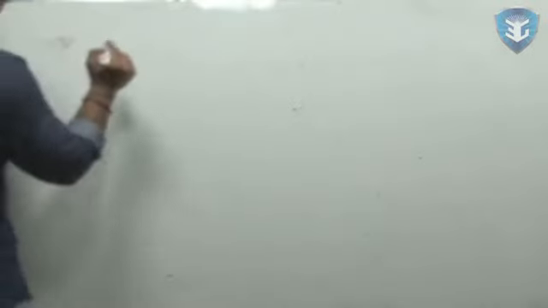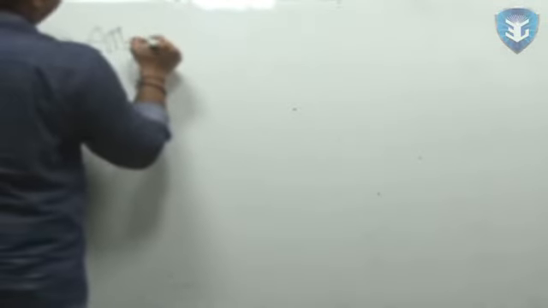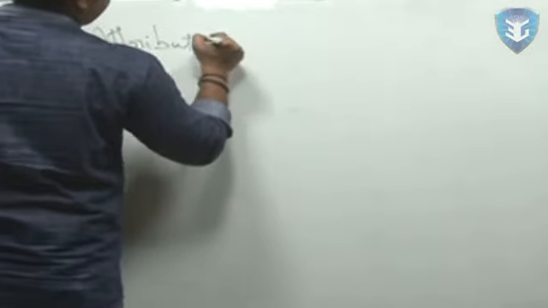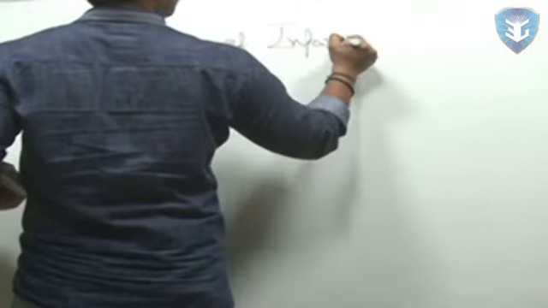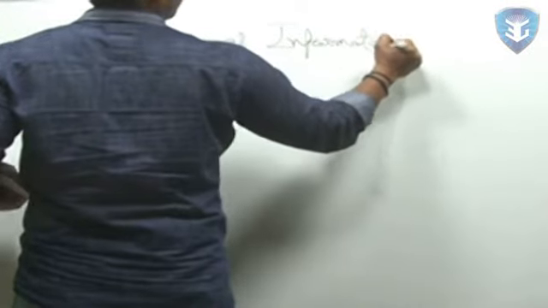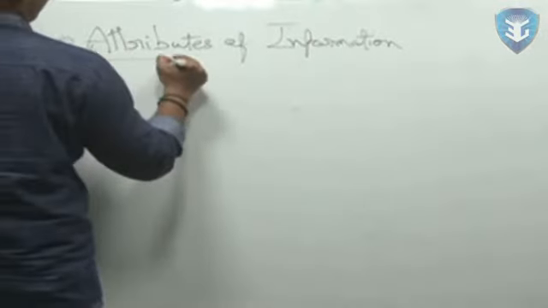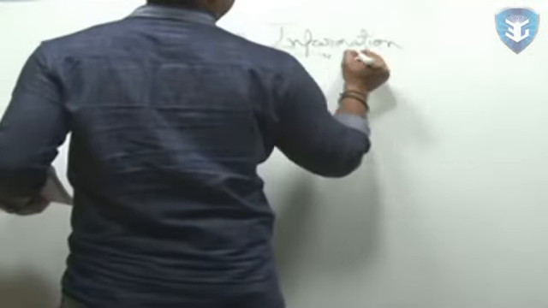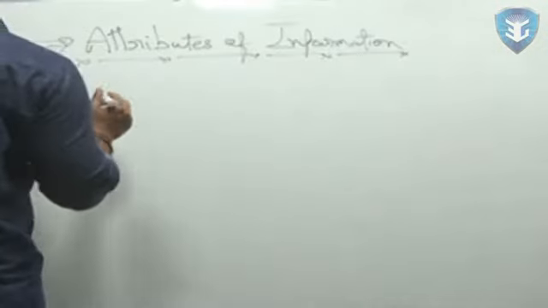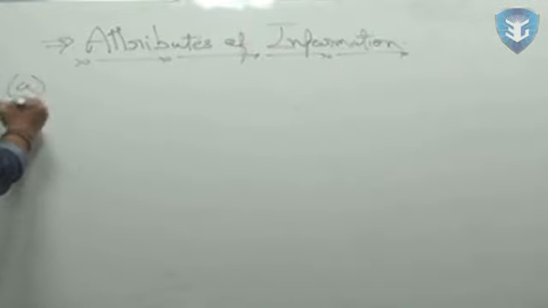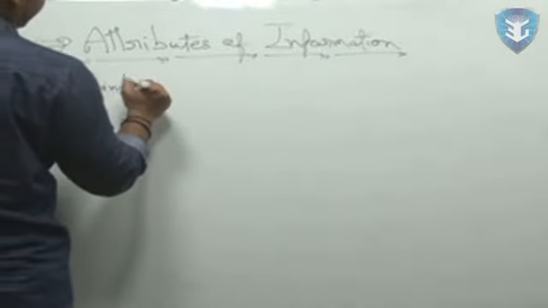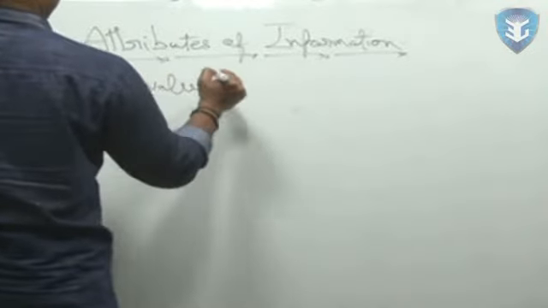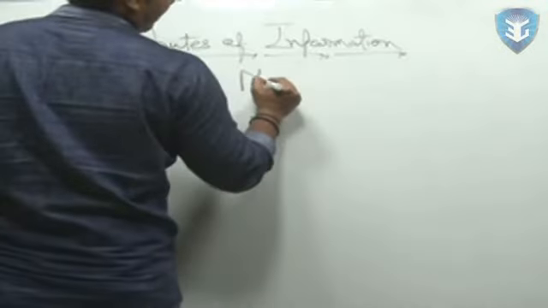Now, the attributes of information. Information has a definite value and also a measurable cost.